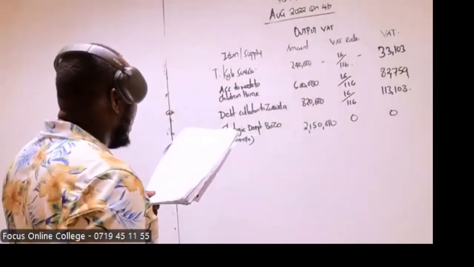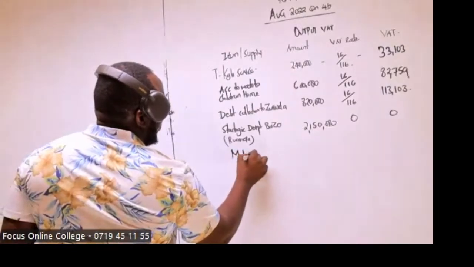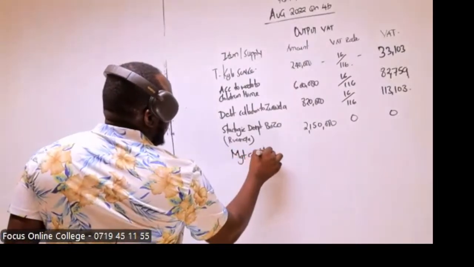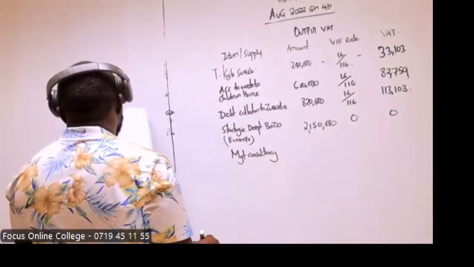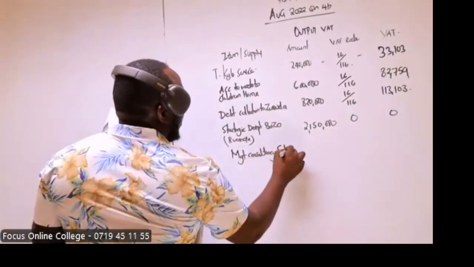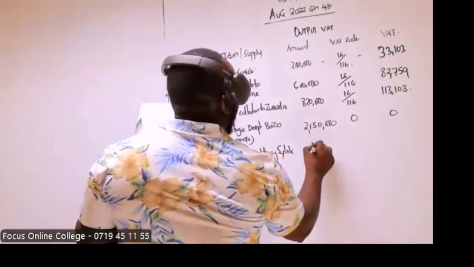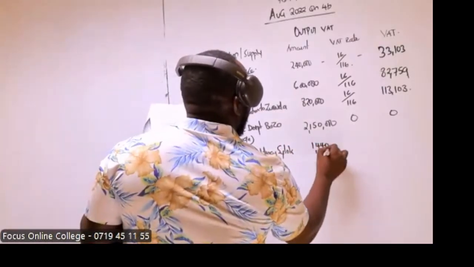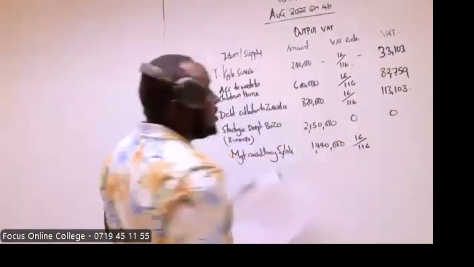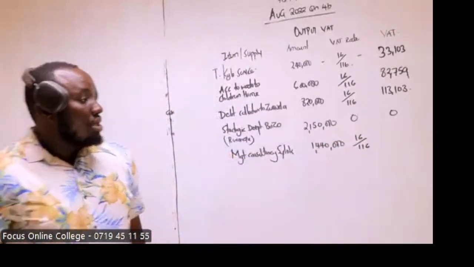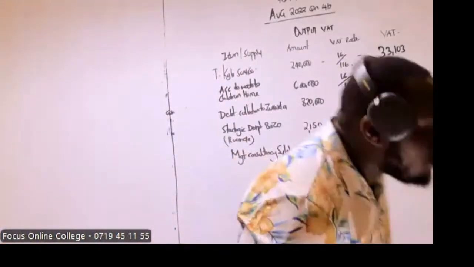We have management consultancy. That is Shylock. That should be the whole amount, so that should be 16 over 116. So what should that be?